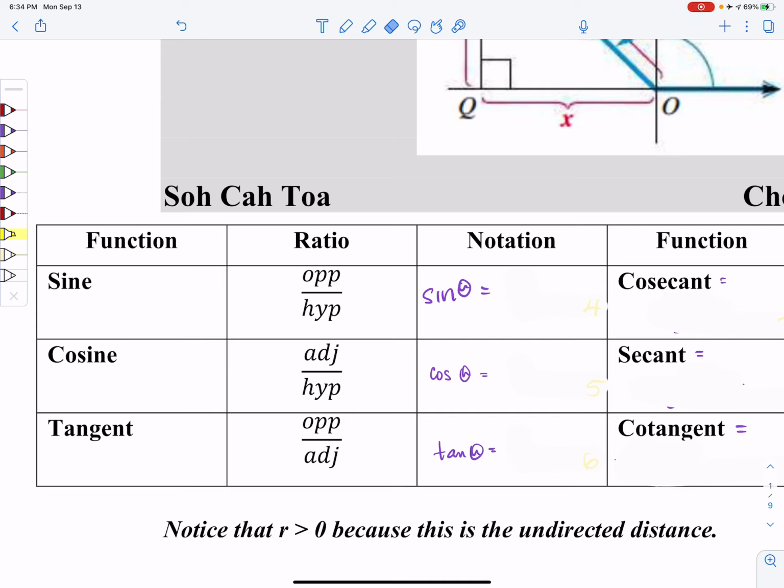So you have to have the sine of an angle, the sine of theta, the cosine of an angle, the tangent of an angle. And the definition for sine is that you're always going to be looking at the opposite divided by the hypotenuse. The opposite divided by the hypotenuse.